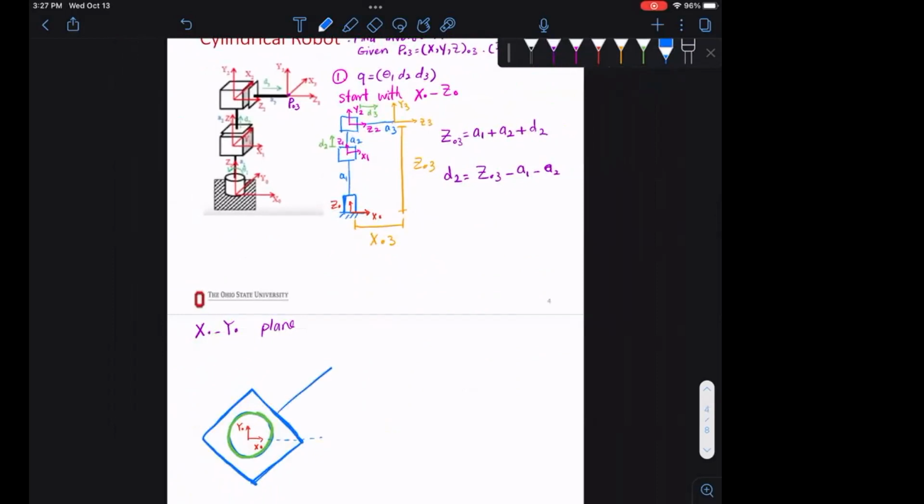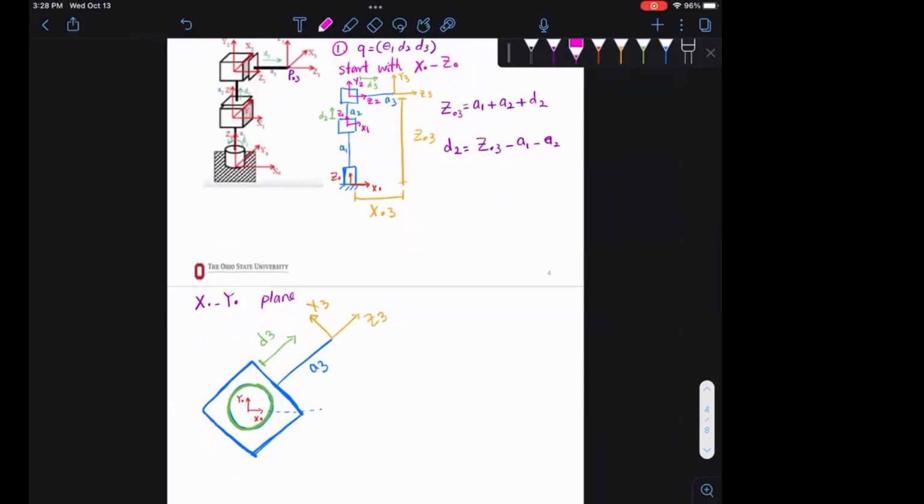We see a line, right? This line is A3. It moves E3. Then we have Z0, Z3, and X3 for our end effector. That's what we see, right? Let's put the rest of the frames and then write the relationships.